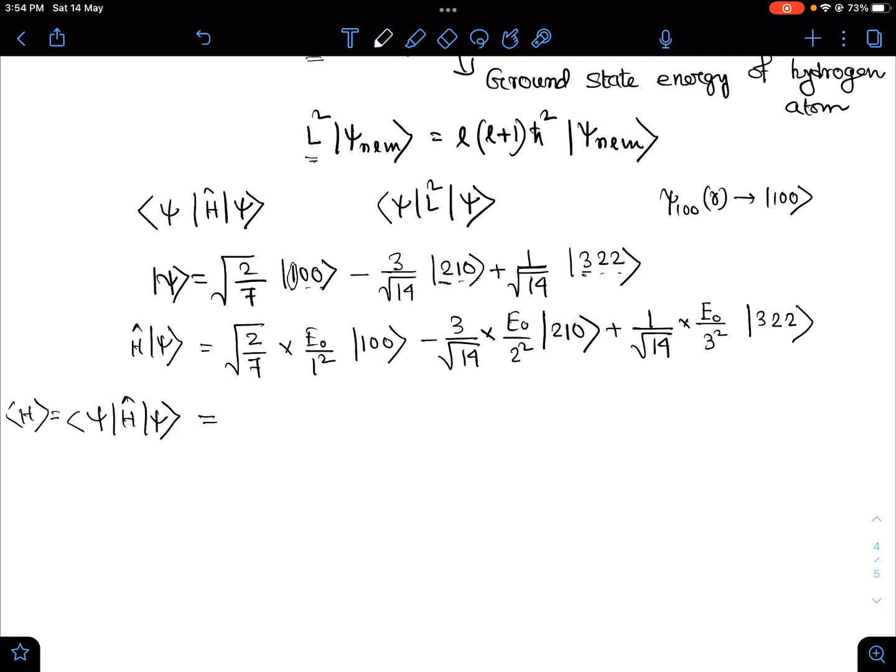We have 2 by 7 times E0, plus 9 by 14 times E0 by 4, plus 1 by 14 times E0 by 9. If we do the calculation, it turns out to be 229 by 504 E0.